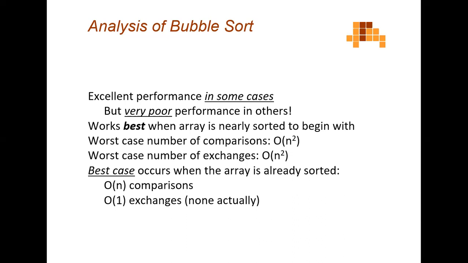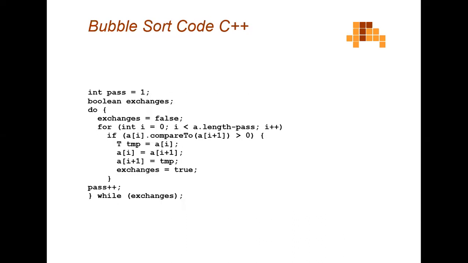But in most cases, if we have a random set of data, this can be quite time consuming. So this is O(n) squared, big O, as we know. But if our data is already quite sorted, then this is quite good. So bubble sort can be very useful.